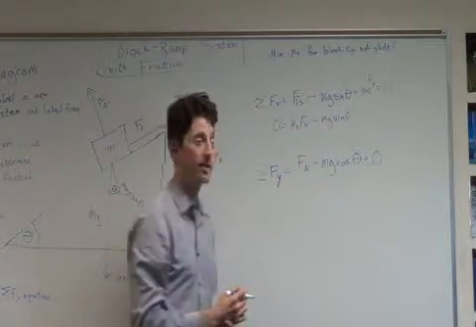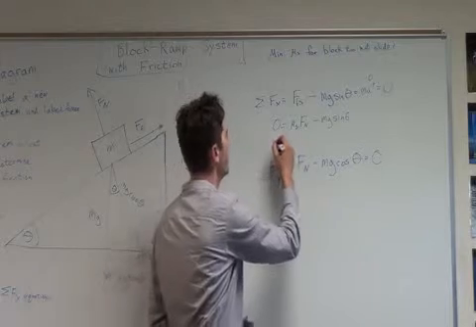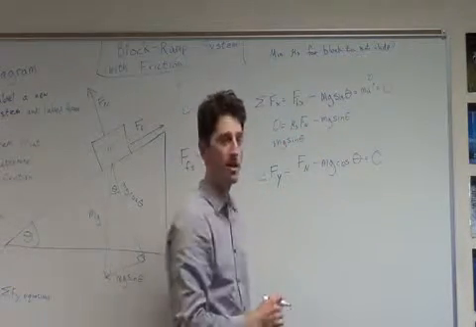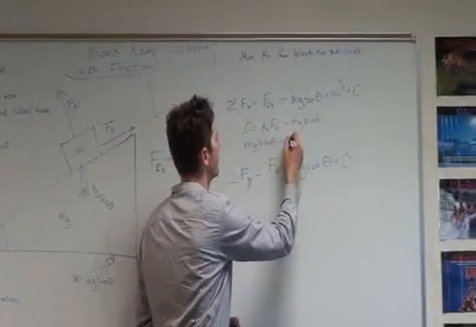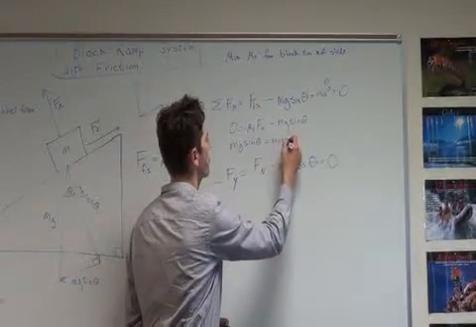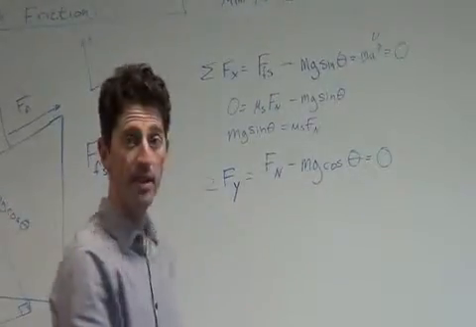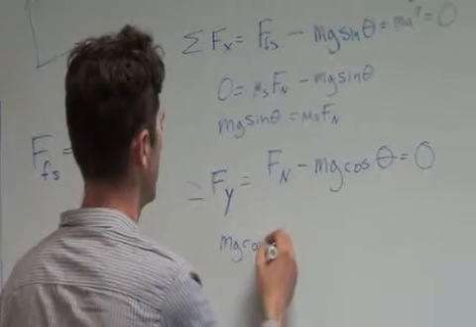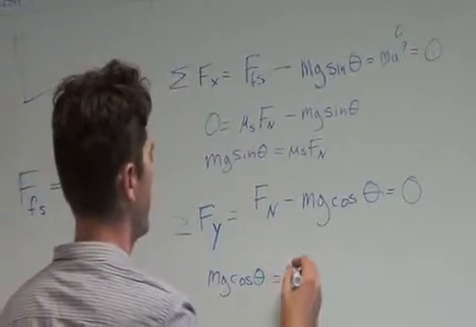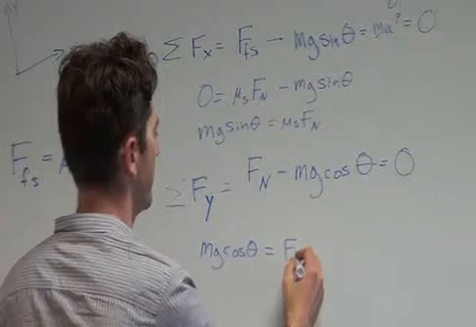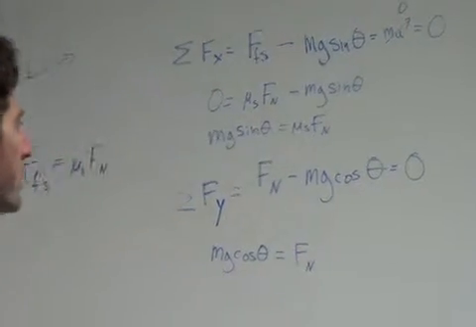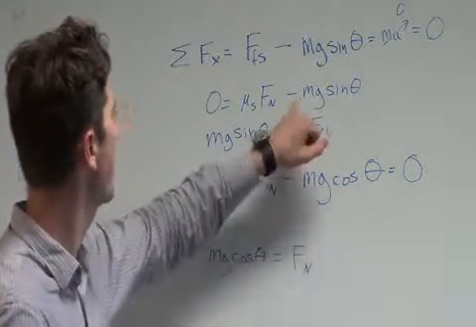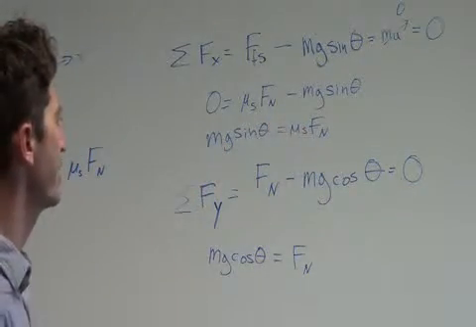And then I'll just take this one more step and say mg sine theta equals mu s times the normal force. And I will say that mg cosine theta equals the normal force. So I just added this on one side, and I just added this on that side, and that's how I got these two equations.